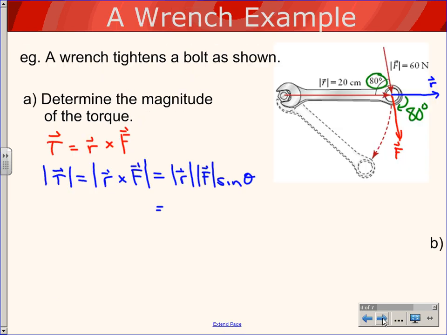But in the example, we're given the radius in centimeters. So we need to make that conversion into meters. 20 centimeters is the same as 0.2 meters. So be careful there. It really does become almost something that's just designed to see if you're paying really close attention. Magnitude of the radius is 0.2 meters.